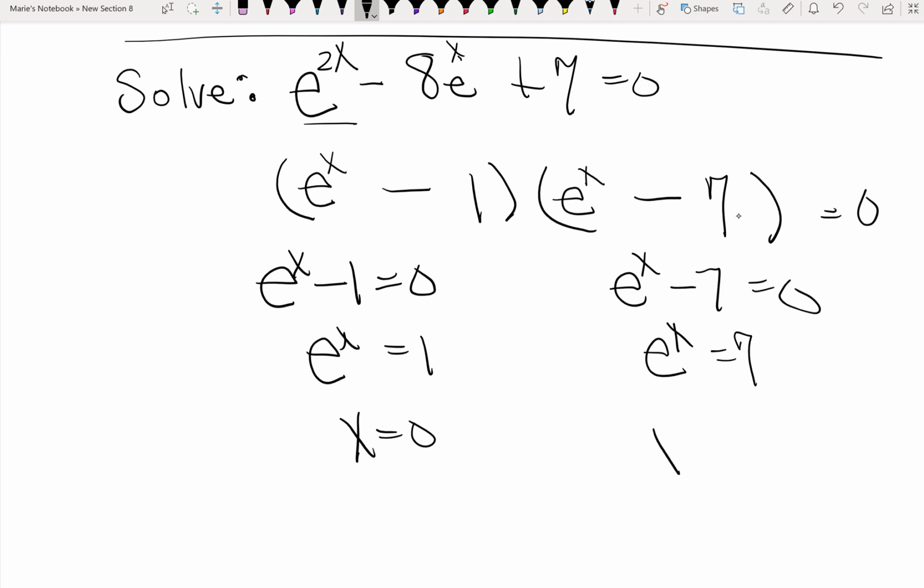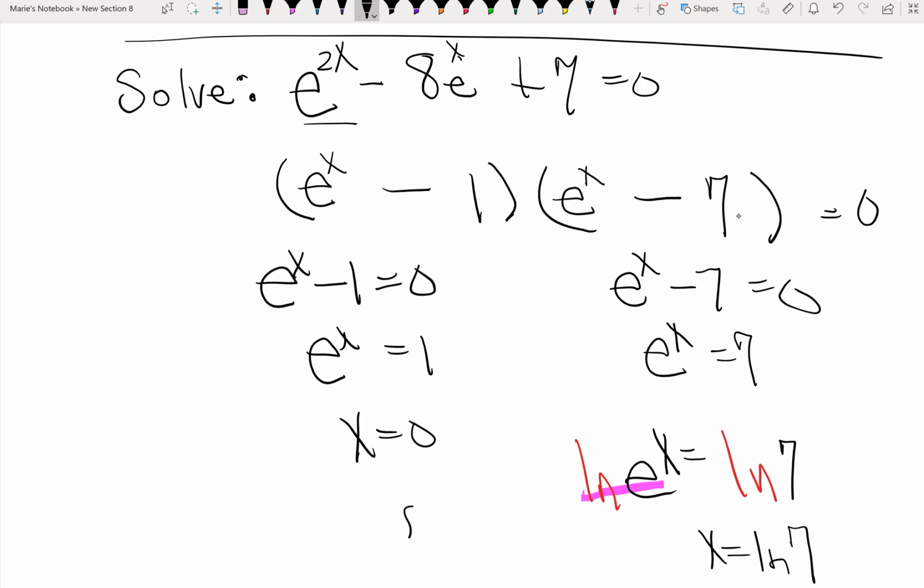Here, we know that x is equal to, technically it's always going to be natural log of 7. But if you want to do this the long way, I can do this the long way for you. It goes like this. Place natural log in front of both. Natural log and base e cancel. And now you're left with x equals natural log of 7.